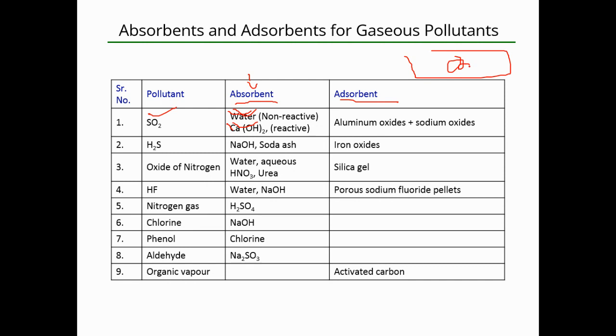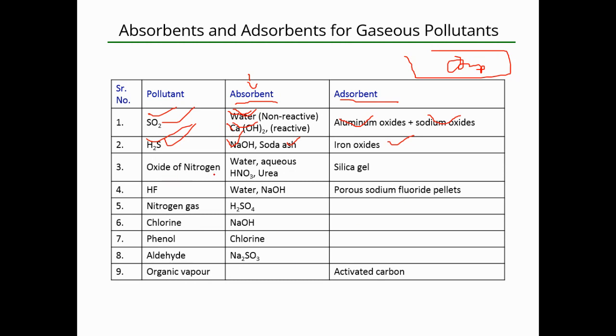In packed tower, what is the material used? Aluminum oxide or sodium oxide. This combination of aluminum oxide and sodium oxide can be used for SO2 absorption. For hydrogen sulfide absorption, NaOH solution or soda ash is used, or here in adsorption, iron oxide is used. You have to remember what material is used for which type of pollutant. This may come in your exam.